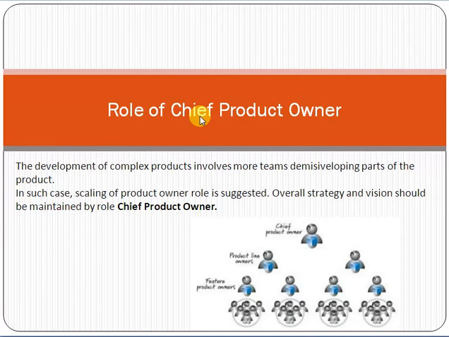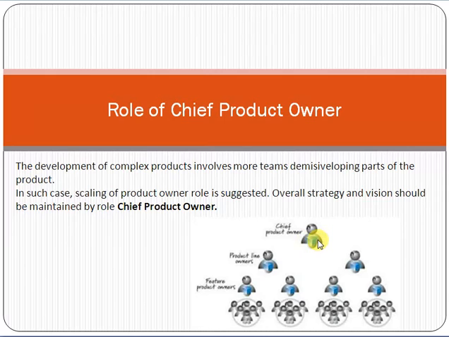If you see the diagram here, this is the product owner, the Scrum team and the Scrum Master. Same here, this is a product owner, this is a product owner, and these are the product line managers, and he is the chief product owner.